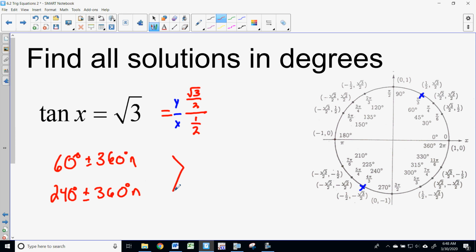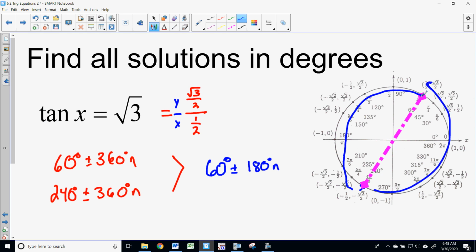Now, tangent is a little different. We could actually change this up a little bit for tangent, and this only works for tangent or cotangent. If you notice that our two solutions are kind of opposite from each other. They're 180 apart. So with tangent, you actually could write this as 360 plus or minus 180n, because if I go halfway around the circle, that gets me to the next answer.